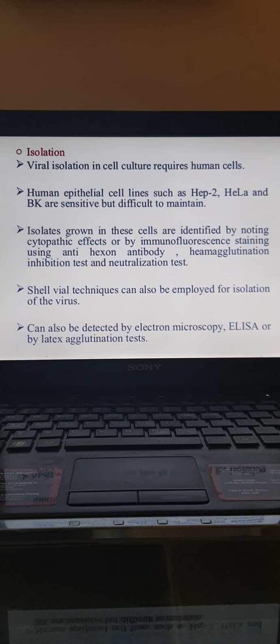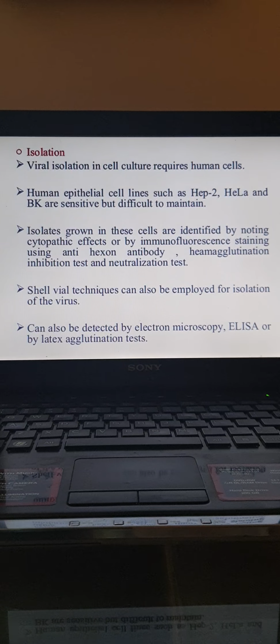So these can be cultured on these human cell culture lines, and you can look for cytopathic effect. In case of adenovirus, you will see there would be granular clumping, or the cells would enlarge and appear like clusters of grapes. And apart from this, you can also do immunofluorescence staining by using fluorescent tagged anti-hexon antibody.